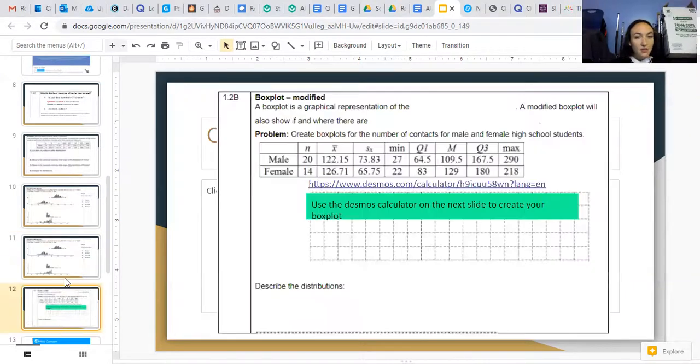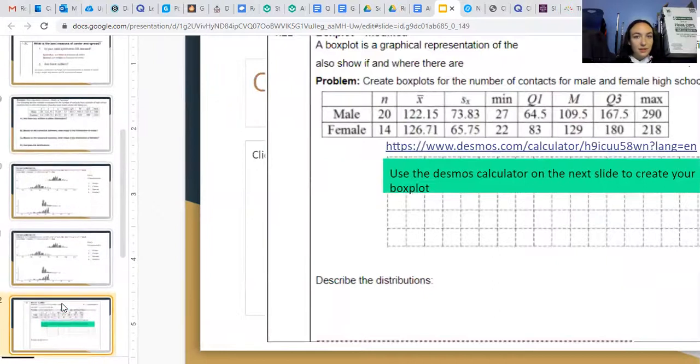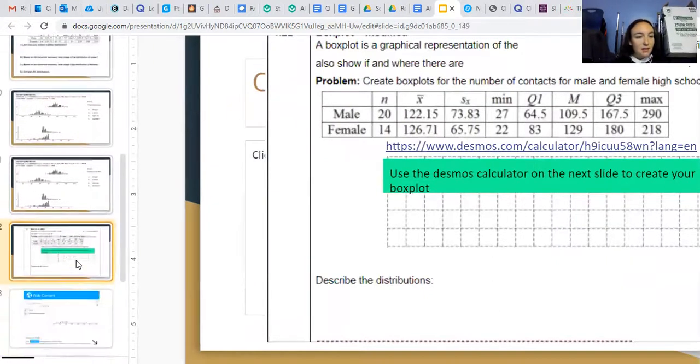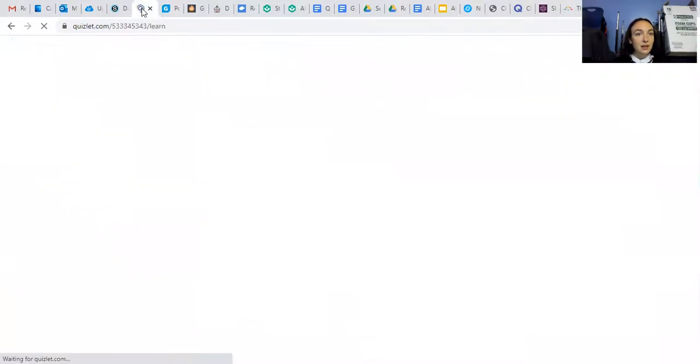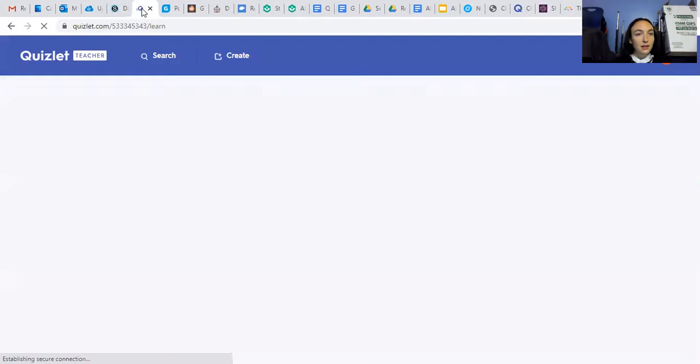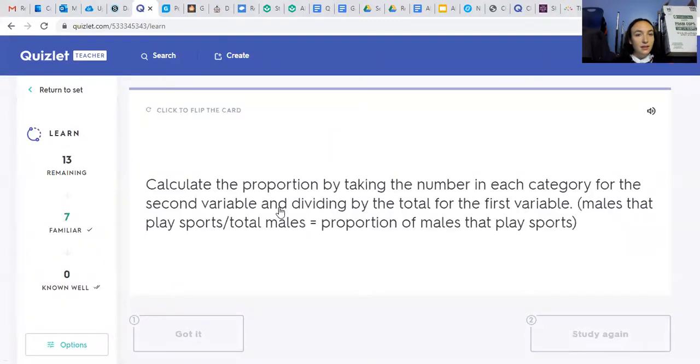As you go through these slides, you'll notice that you have the opportunity to make your own box plot. So go ahead and do that when you get the chance. And when you finish going through all of these slides and activities, you will close out of this Nearpod and open the Quizlet, where you will see these flip cards.